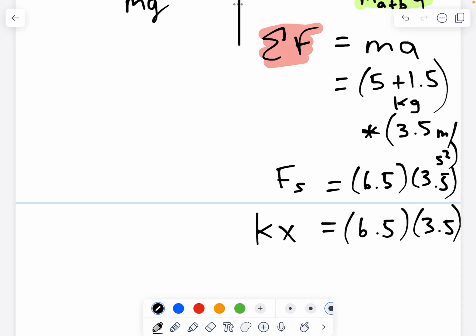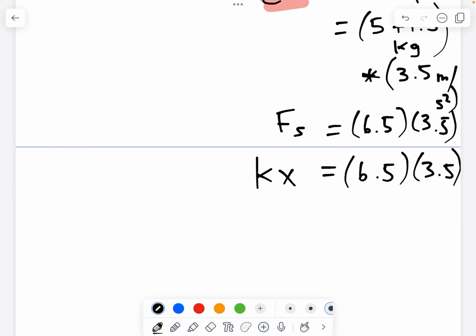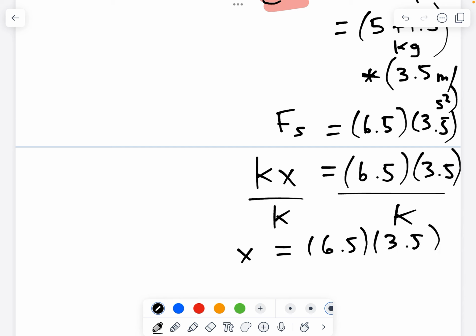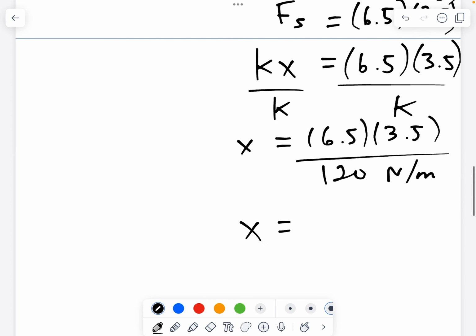Now we're solving for the maximum stretch, x. So that ends up being 6.5 times 3.5 divided by 120 newtons per meter, that's the spring constant. And when you divide all that, you get 0.19 meters.